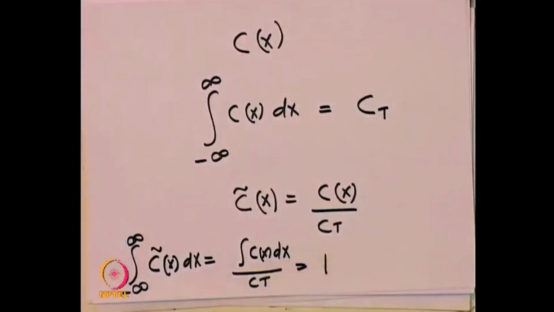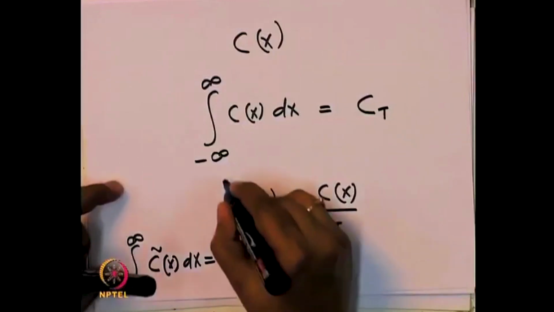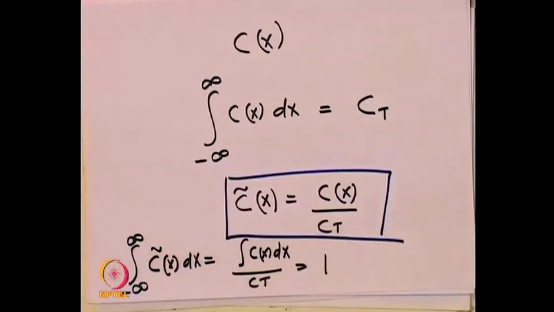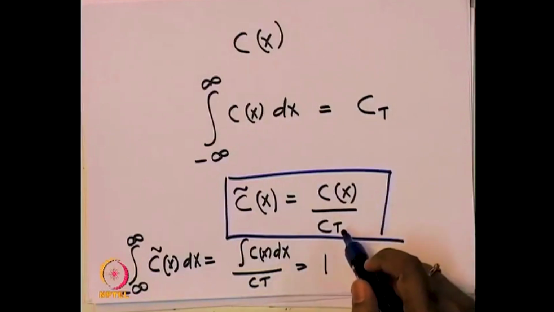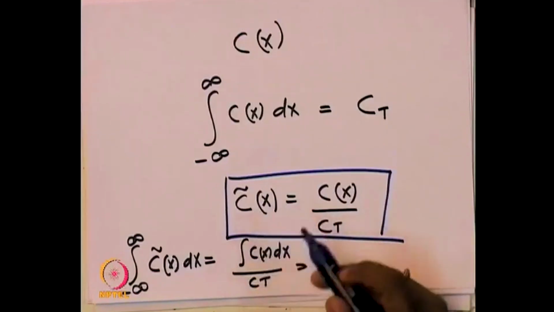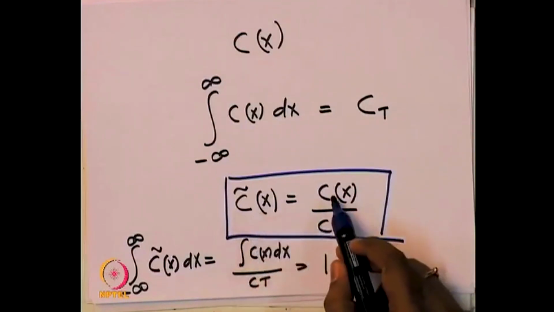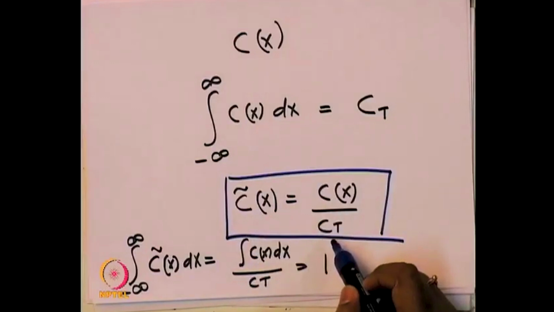So we have this new function C tilde of x, which is C of x divided by some constant number, the total concentration. What is C tilde of x essentially? This is the concentration divided by the total concentration.